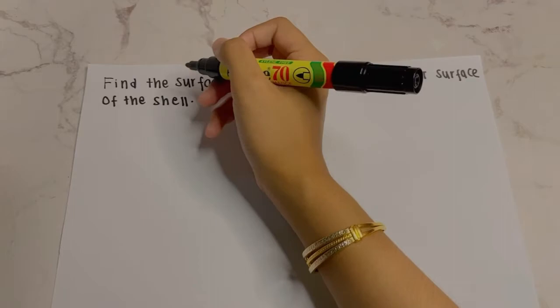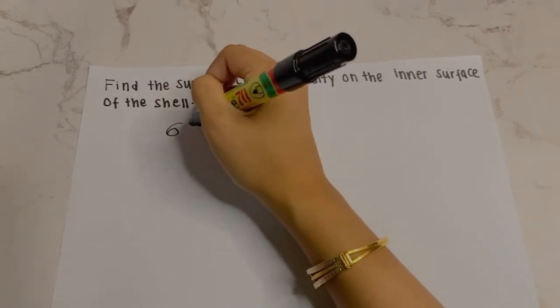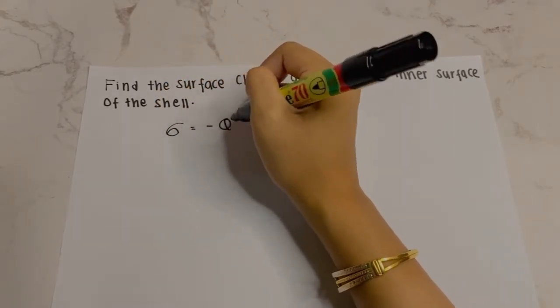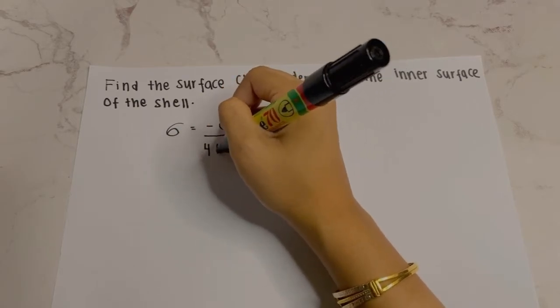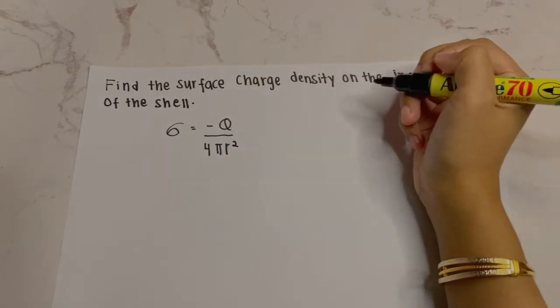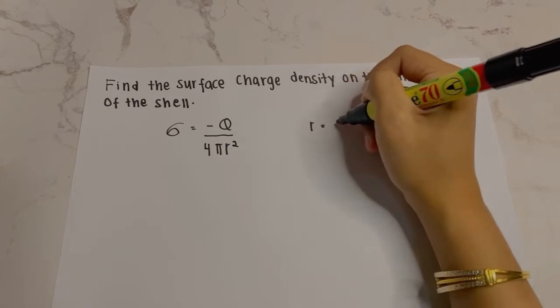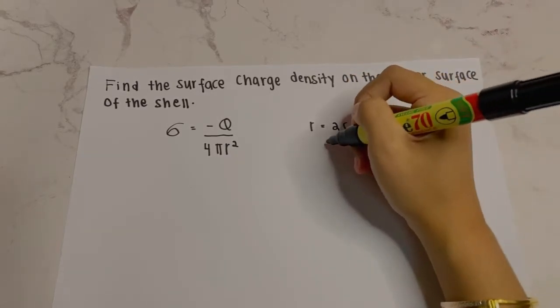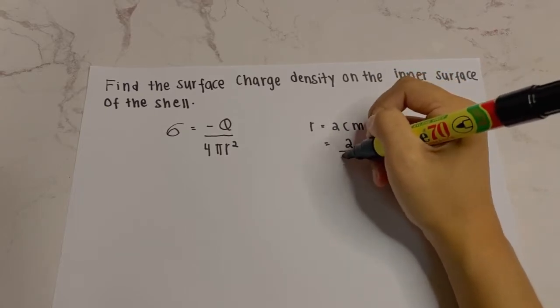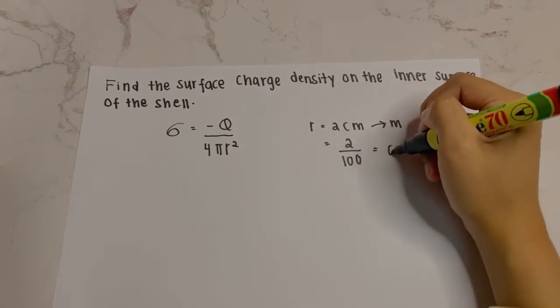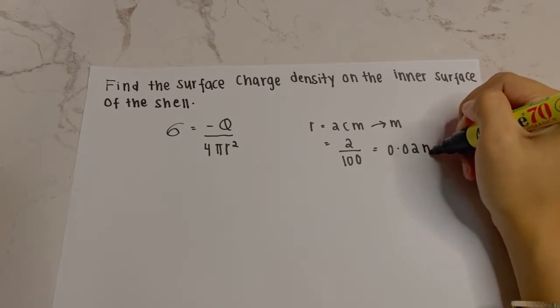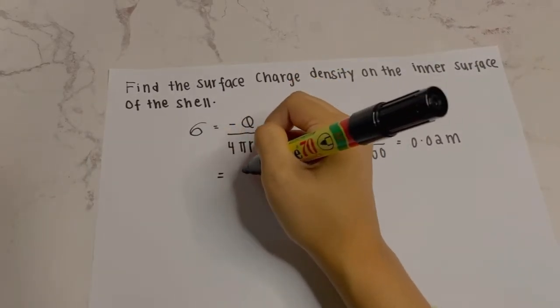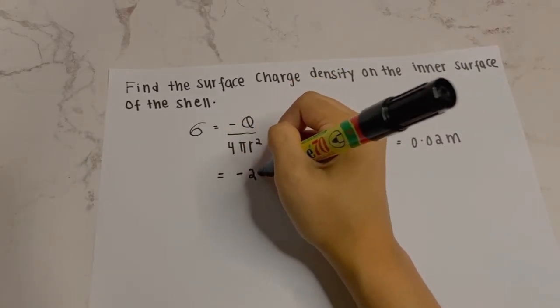I will continue to explain the solution of example 1. We need to find the surface charge density. The formula is sigma equals negative Q over 4 pi r squared, where Q is the charge. The radius of the inner surface is 2 cm, which we convert to meters by dividing by 100, giving 0.02 meter.